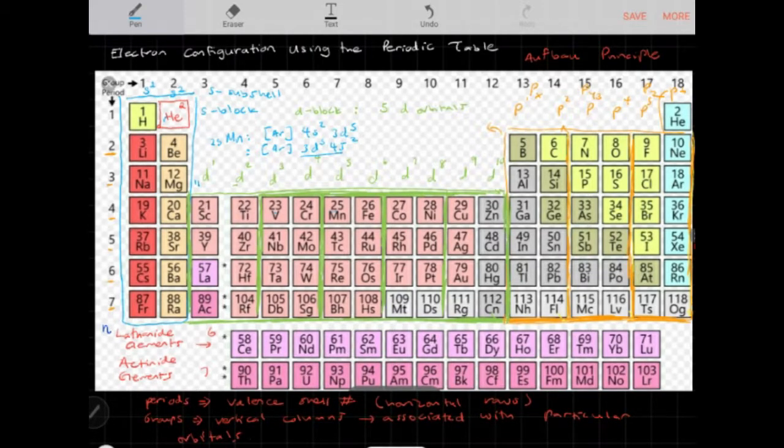So that's something that you want to memorize, but you can actually notice that if you go left to right on the periodic table and you use the Aufbau principle, you would go 1s2, then 2s2, 2p6, 3s2, 3p6, 4s2, 3d10, 4p6. You don't have to memorize it, you can just use your periodic table if you know how to read it, right? So that's why this is really useful in determining this.